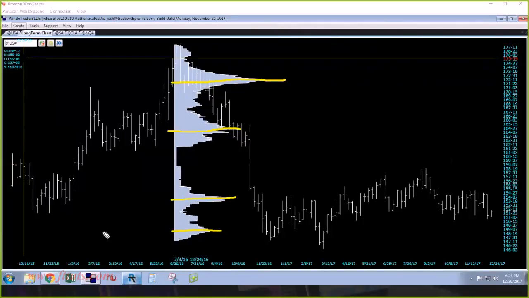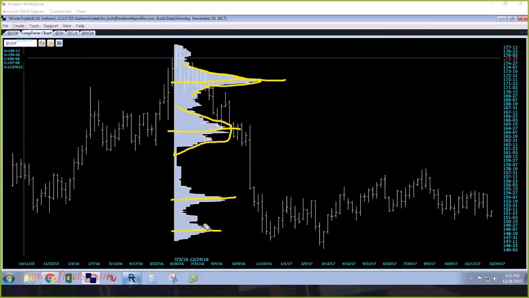We'll talk about these later in the module, but these are nodes, volume nodes. This is showing us volume at a price. The wider the node, the more acceptance there was by participants that it was a valid price. Everybody agreed, because if we spent time there and did a lot of transactions, everybody's saying, yep, that's a good price. That will happen for a while, and then you'll go on to another price.